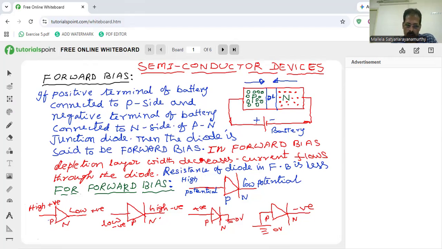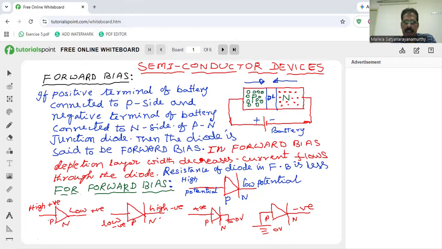If both are positive potentials, high potential should be connected on the P side and low potential on the N side. If both are negative potentials, low negative on the P side and high negative on the N side. If the N terminal is connected to ground, it is zero voltage, then P must be at high potential, so a positive potential should be connected.